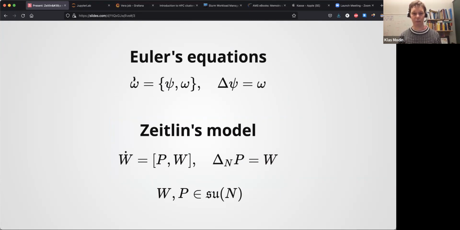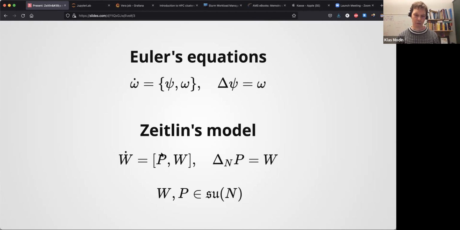The dot here means time derivative. What Zeitlin's model does is replace these equations with a finite-dimensional model, where functions are replaced by operators. We're really using quantization theory. Because the sphere is compact, we can do it with finite-dimensional operators, so just matrices.